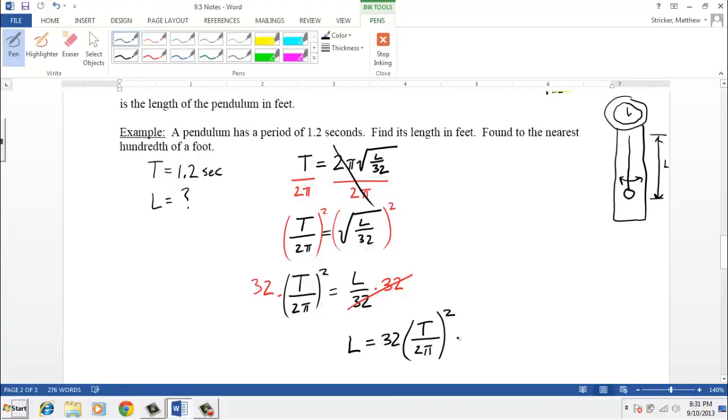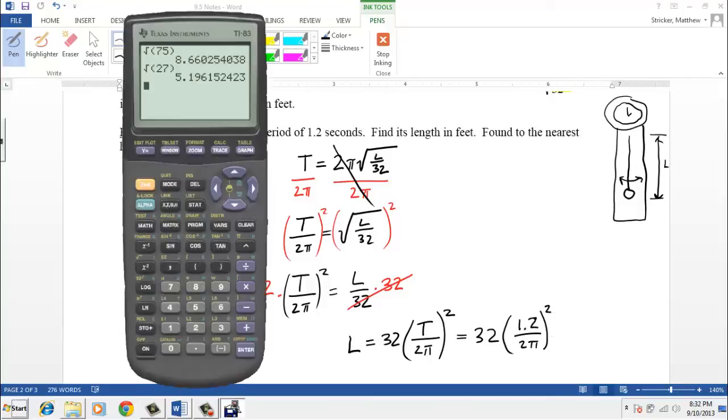And now we could solve for L because we know what T is. T is 1.2 seconds. So our particular equation has to be 32 times (the period, which is 1.2 seconds, divided by 2 pi) squared. We could go ahead and use the calculator to calculate this now.